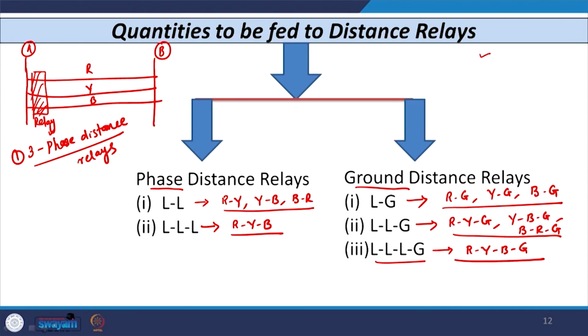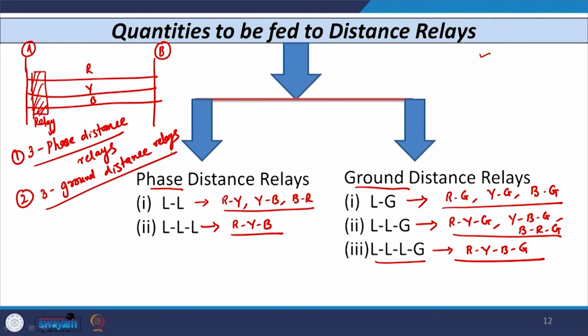So, at bus A, if I want to protect a single circuit transmission line, then along with 3 phase distance relays, we also need 3 ground distance relays. That means if I want to protect a single circuit transmission line, then I need a total of 6 distance relays, 3 phase relays and 3 ground relays at one bus.